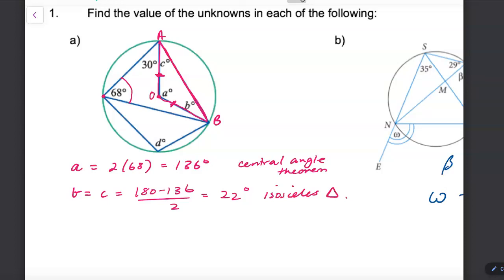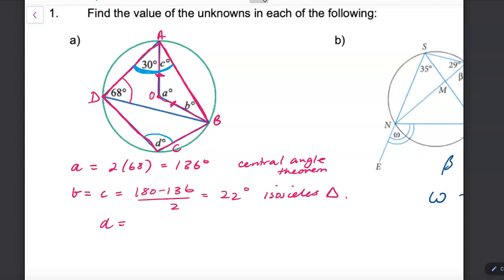Now D is sitting over away from all that. If we have a look here, we've got our cyclic quadrilateral, so I'm going to call our cyclic quadrilateral ABCD. I'm going to highlight the rest of that in pink so we can see it. Straight away, I notice that I know the size of the angle in total at vertex A. That is going to be 52 degrees.